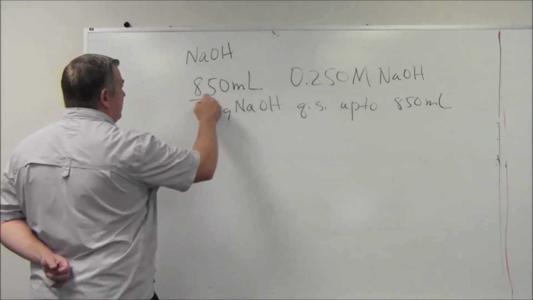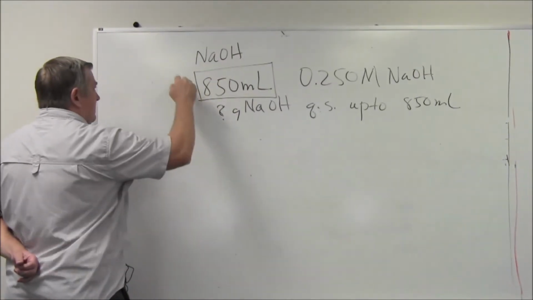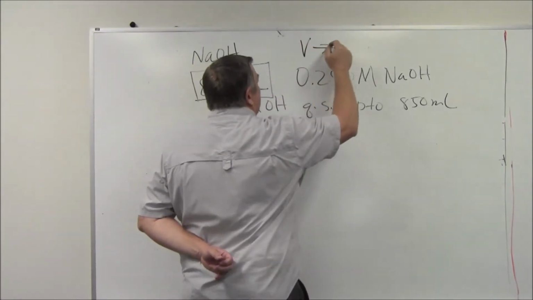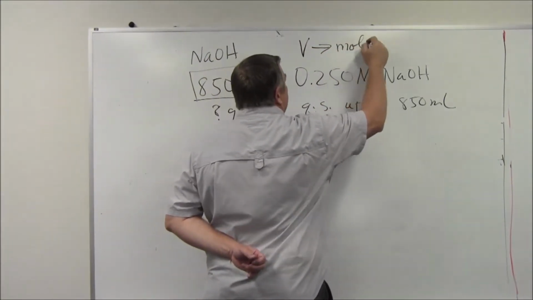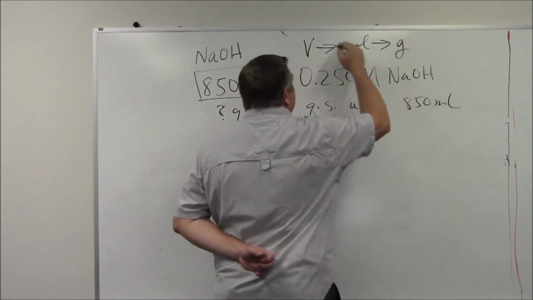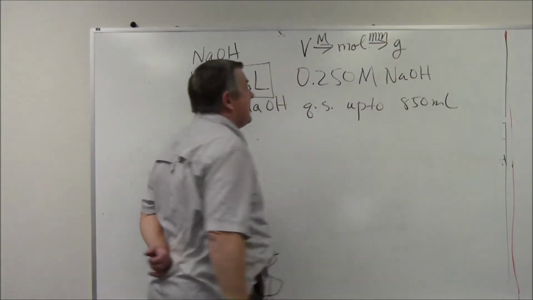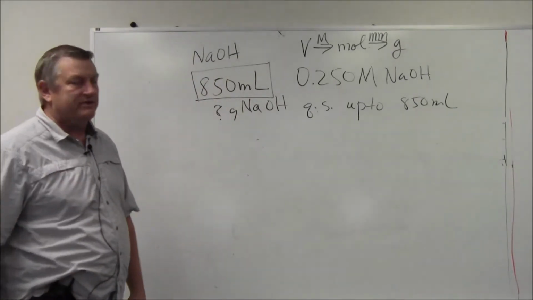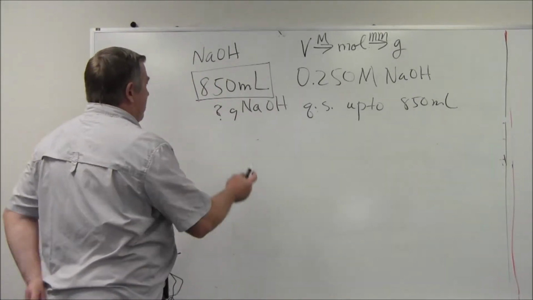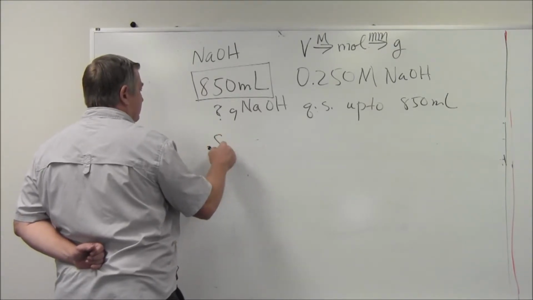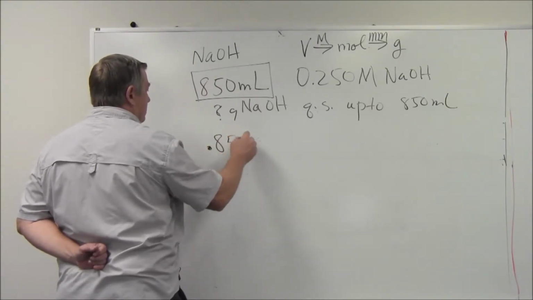So, once again, your volume's the given. Because we're going to go volume to moles to grams with molarity and molar mass. See, volume times molarity is moles. And so let's take our given volume, and we want to put that in liters. So I'm going to divide that by 1,000.